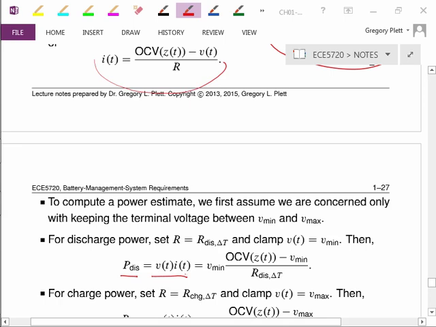And the terminal voltage, we're going to put that at its limit. It's going to be Vmin. We're going to force it to Vmin to get the maximum discharge power out that we can. And Vmin is the voltage, and then this here is current, so it's right here, OCV minus V over R, where V is equal to Vmin, and that is our discharge power computation.